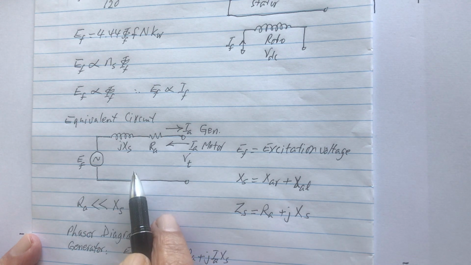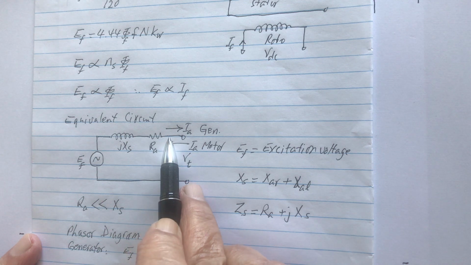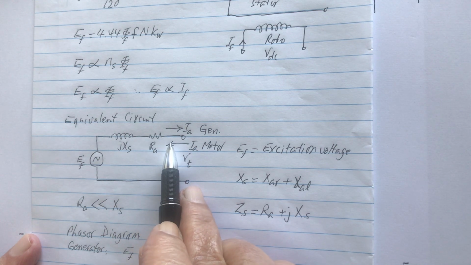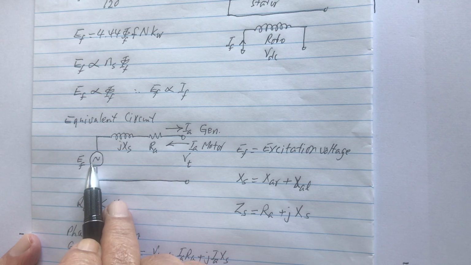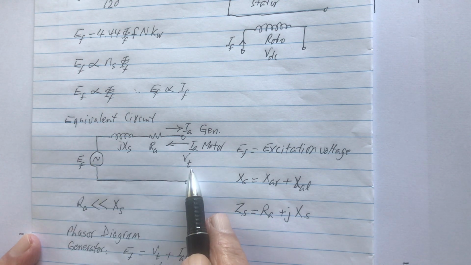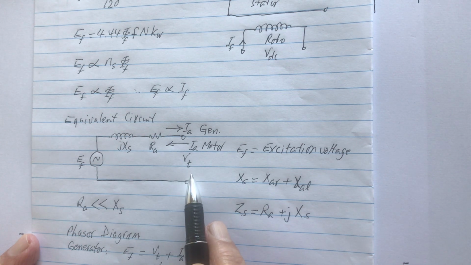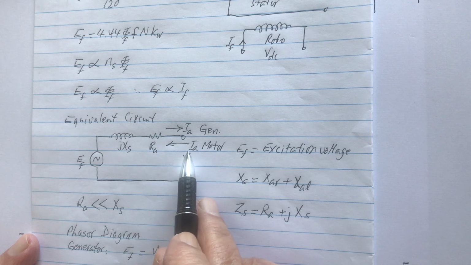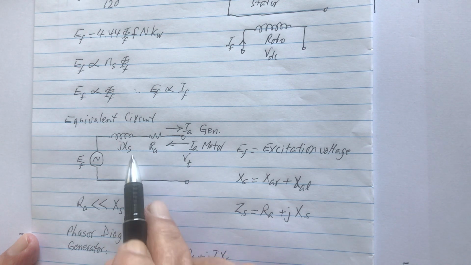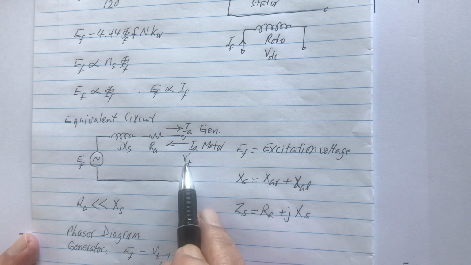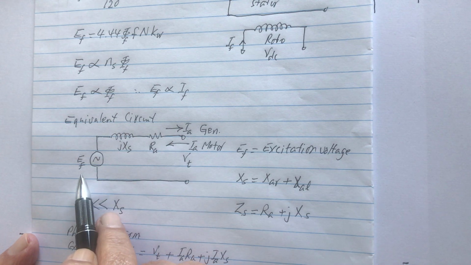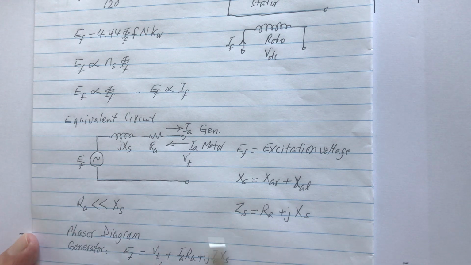Now, in this circuit, if the current is coming out of the circuit, then it's working as a generator. This will be the source EF, and VT here will be the sink. If the machine is working as a motor, then the current IA is going into the machine, and this VT will be the source and EF will be the sink.